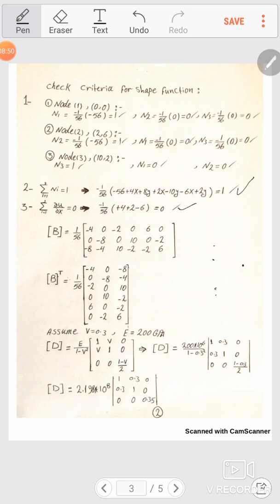You can go to a previous video, or actually let me just refresh: the B matrix comes from the derivatives.